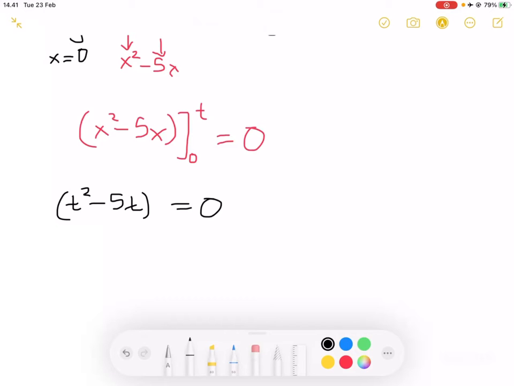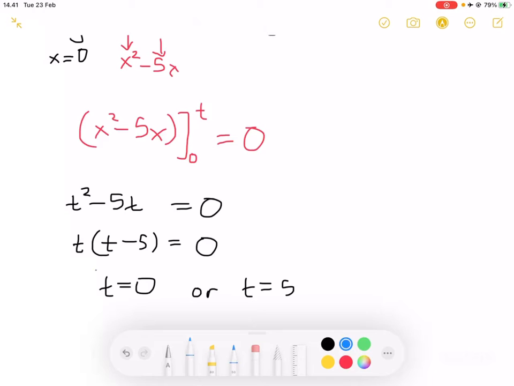This is equal to 0, and I'm just going to remove these brackets right here. And notice we can factor a t out of this expression: t times t minus 5 equals 0. From this we have two solutions: t equals 0 or t equals 5. These are the only two possible solutions.